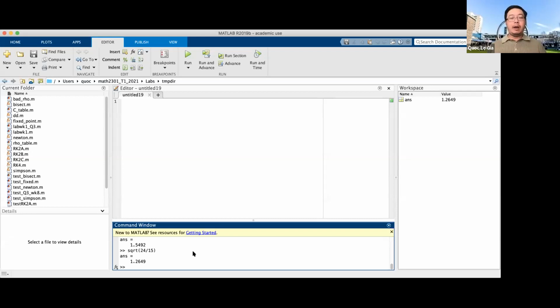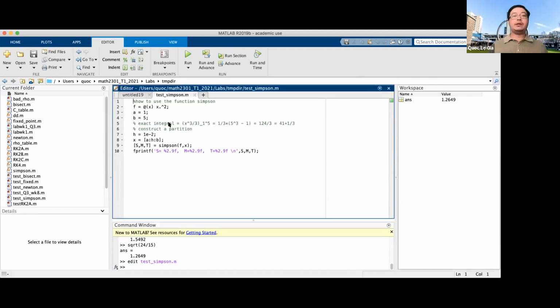Remember we have a file called Simpson.m. In the previous lab, we implemented the three quadratures at the same time: Simpson, midpoint and trapezoidal rules.